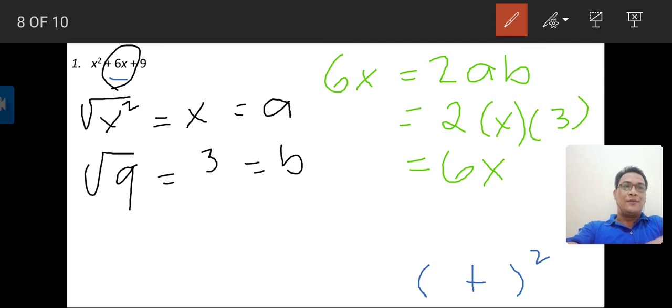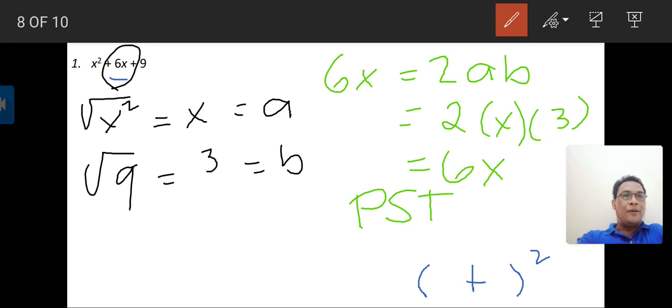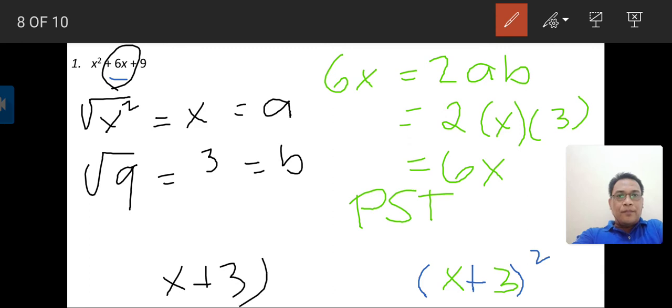Okay, so therefore this is a perfect square trinomial, and we have the factored form with a and b, that will be x plus 3 multiplied by x plus 3.